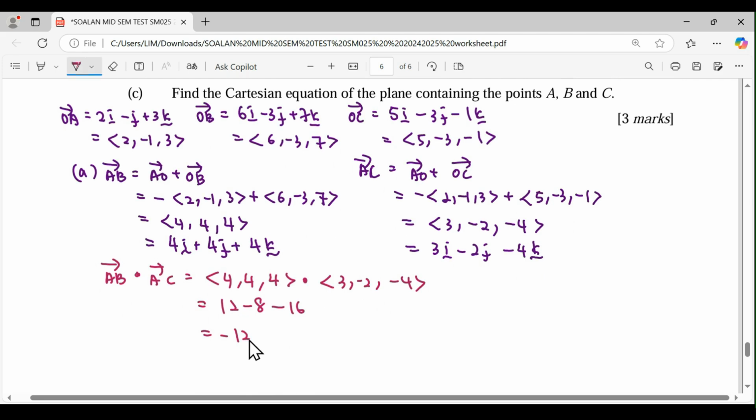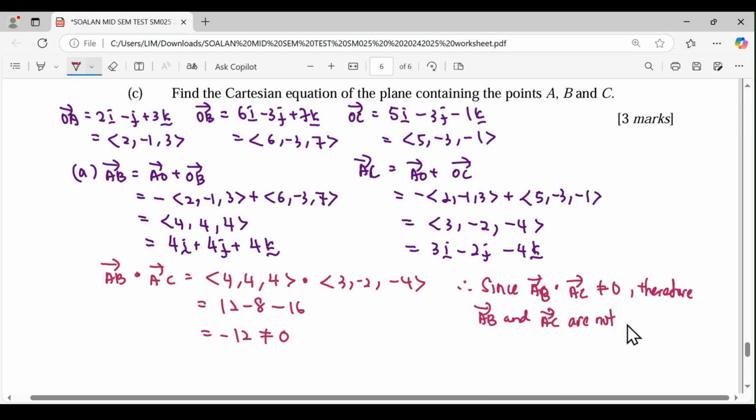We get -12, which is not equal to 0, which means this is not perpendicular or not orthogonal. We answer the question, do the conclusion. Since AB dot AC is not equal to 0, therefore AB and AC are not orthogonal.